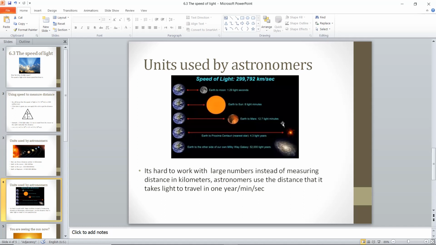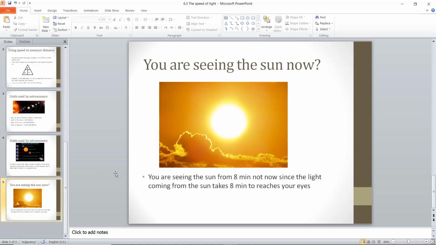You know how the 1 light year works. So the 1 light year is approximately 9, and there are 12 digits beside this 9, 12 zeros. Okay, so yes, the light years are easier to use by the astronomers, not only the astronomers, even us.